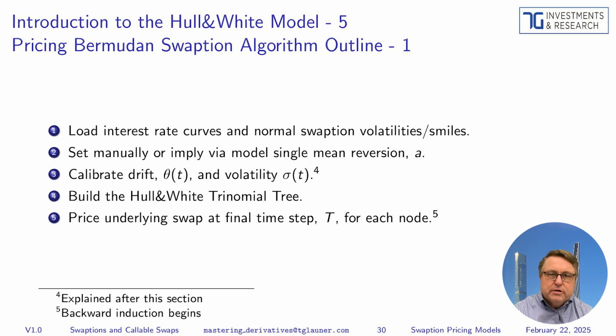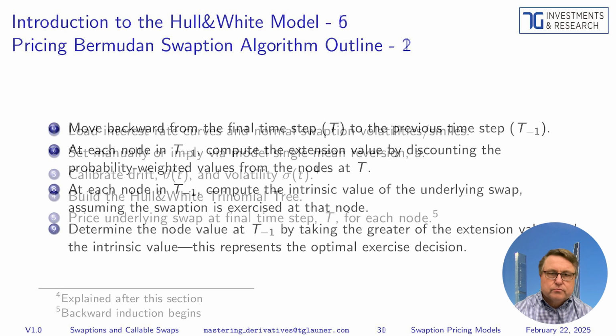With these parameters set, we construct the Hull-and-White recombining trinomial tree, which models the evolution of interest rates over time. At the final time step, capital T, we price the underlying swap at each node in the tree. This serves as the foundation for valuing the Bermudan swaption through backward induction.